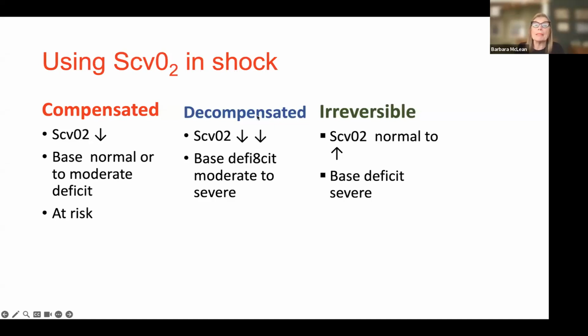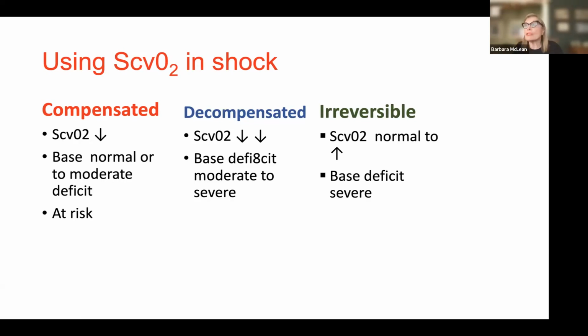In a decompensated shock, ScvO2 down, down, down, and you now have a base deficit that's moderate to severe. So your base deficit might be -5, -8, maybe -10. You're decompensating, right? You now have really reached your limits and you are on the verge of total body infarct. Well, total body infarct is irreversible shock.